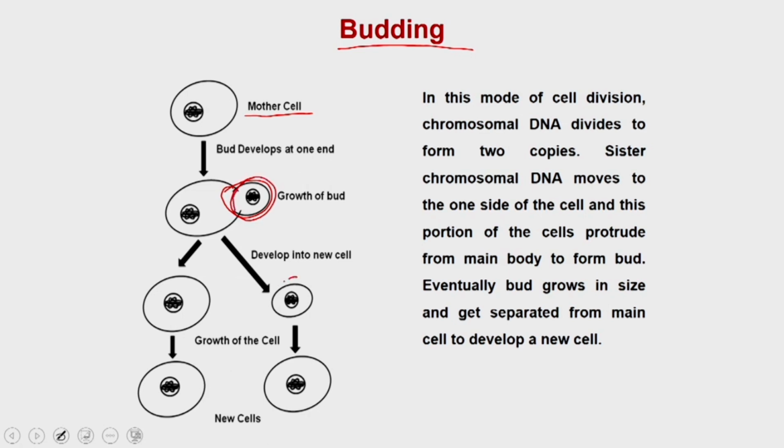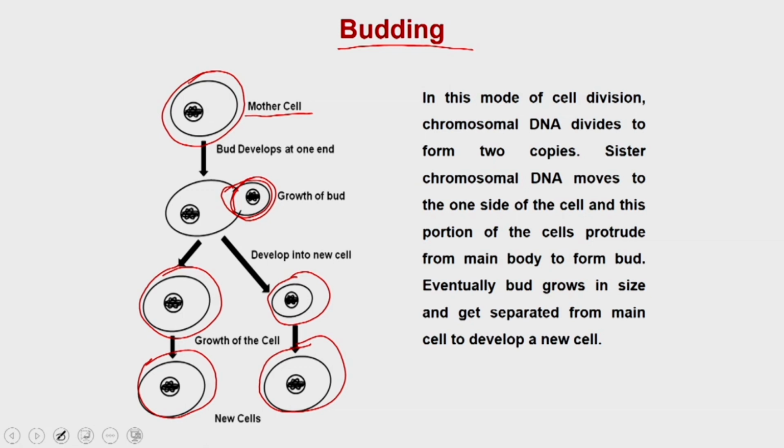That is how it generates a daughter cell, while the mother cell remains, and the daughter cell again grows and gives you 2 new cells. So, at the end of budding also, one mother cell is converted into 2 cells.